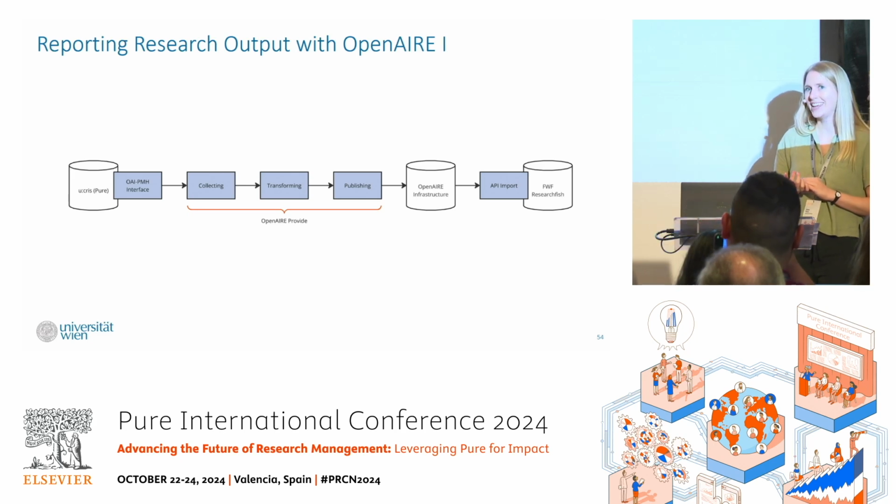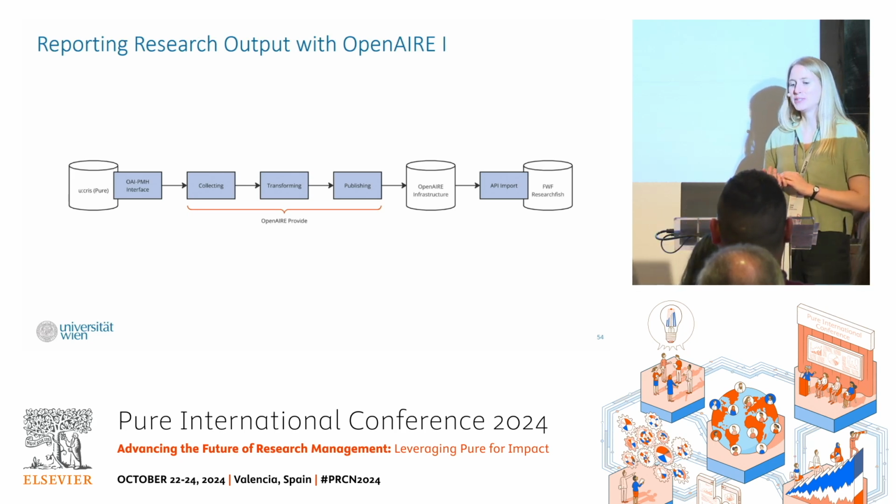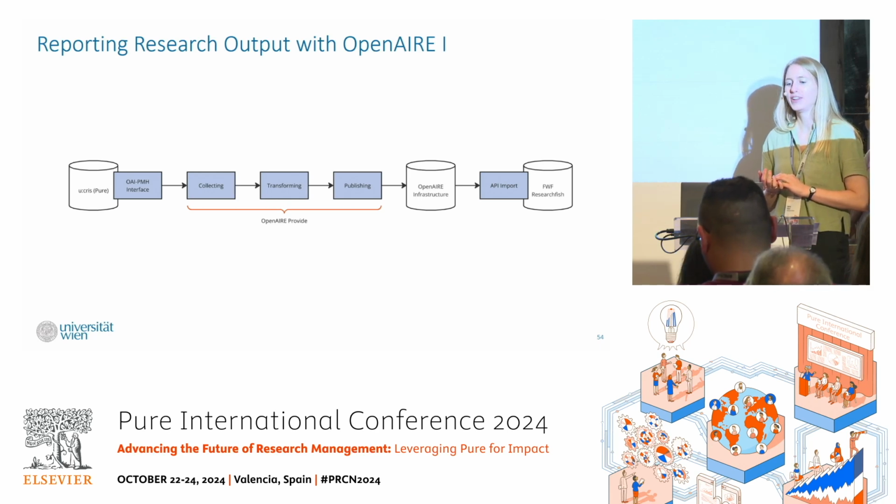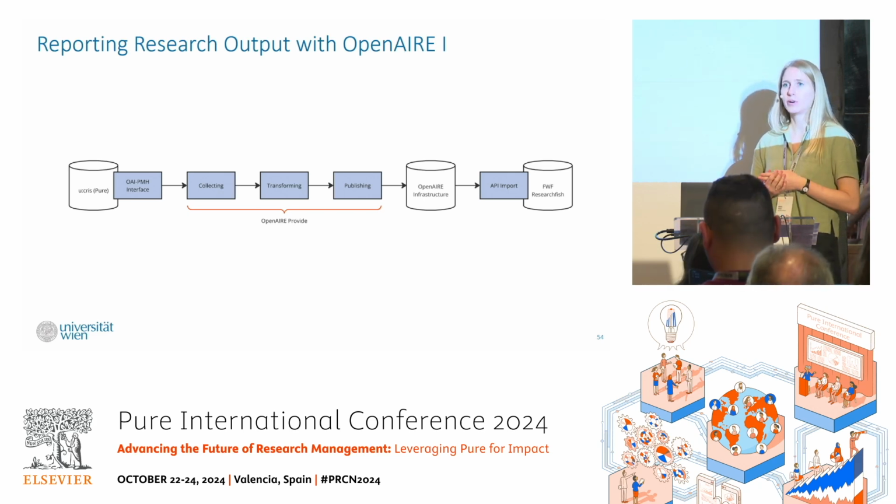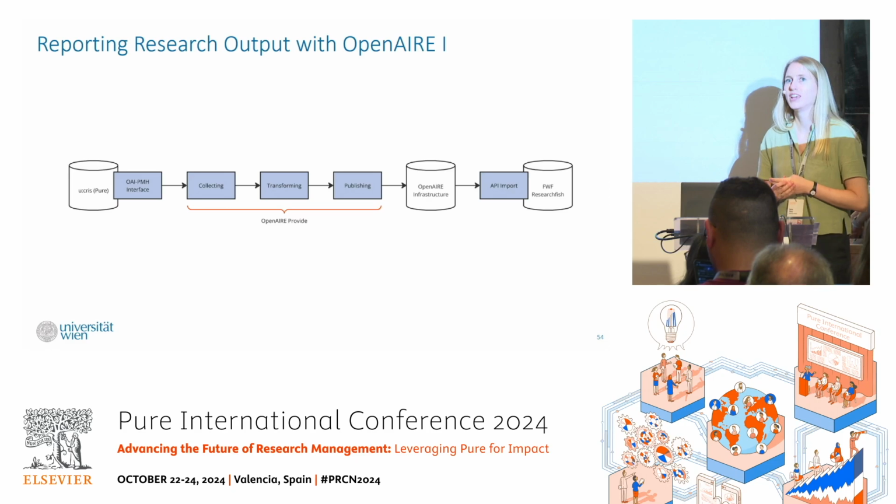Yesterday I got the news that ResearchFish is actually able to provide an API to get research information from Pure to ResearchFish. But when we started our project, the RIS Synergy project, the developer of ResearchFish said that they were not able to develop such an API within the timeline of the project.